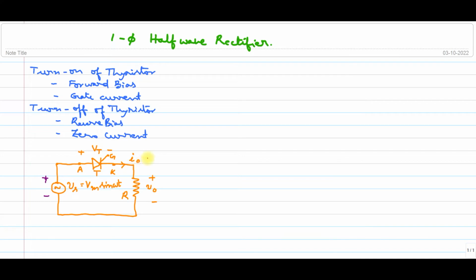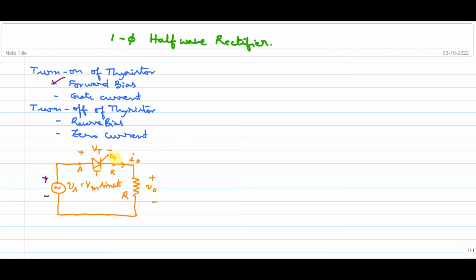Now whenever it is in the positive half cycle, what will happen to the thyristor? The anode is connected to the positive terminal and the cathode is connected to the negative terminal. So the thyristor is forward biased.